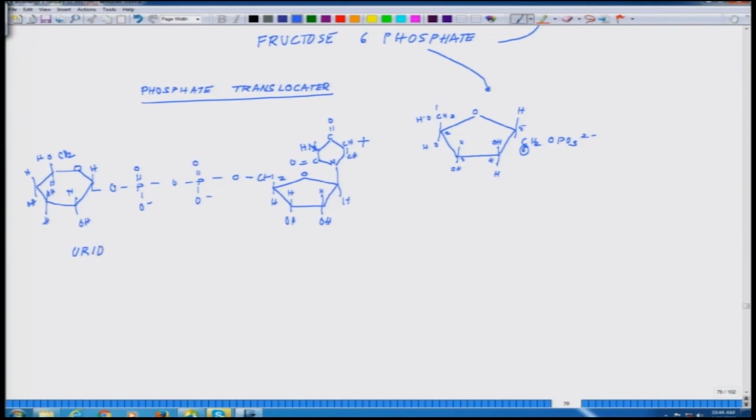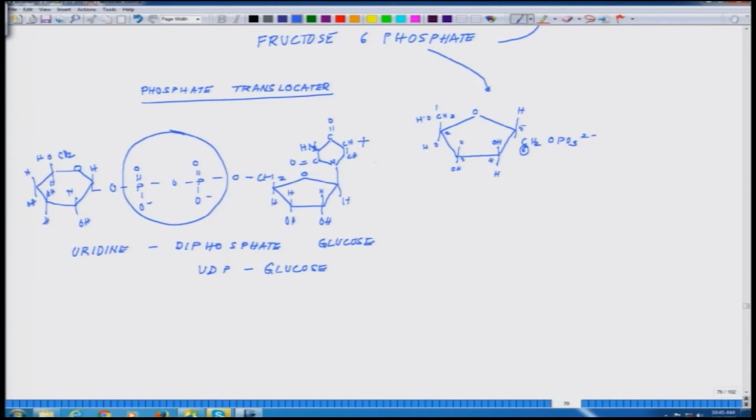Okay. So, this is called the phosphate translocator. It is called uridine. There is a uridine group attached, diphosphate glucose. This is also called UDP. So, you have the diphosphate out here, diphosphate glucose, and there is a uridine attached to it.